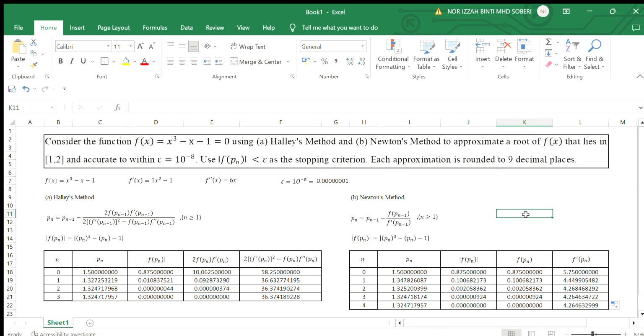If you can see here, it shows that when we choose Halley's method, we converge faster than Newton's method, because in Halley's method, to get 1.324717957, we only need 3 iterations. But for Newton's method, we need 4 iterations to get the same answer. So this proves that Halley's method is better than Newton's method.